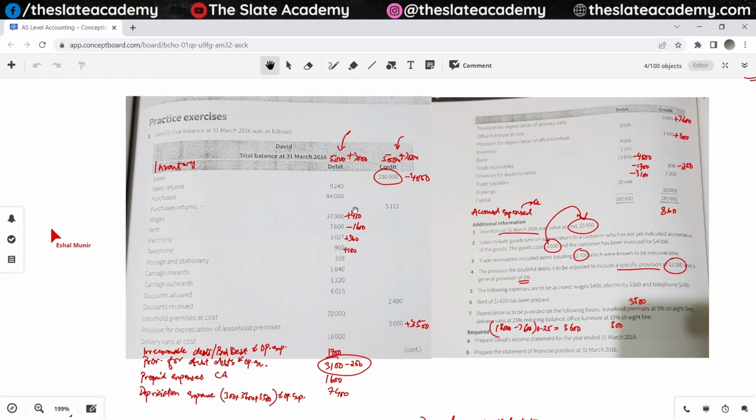You do the same for delivery vans or delivery vehicles. From the cost, you will deduct the accumulated depreciation, and that would be the net book value, which would go to the statement of financial position. The same for office furniture as well.